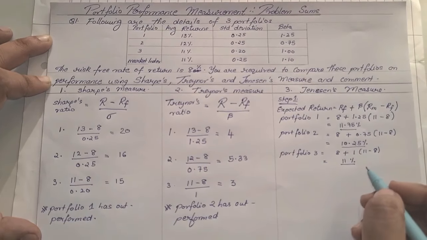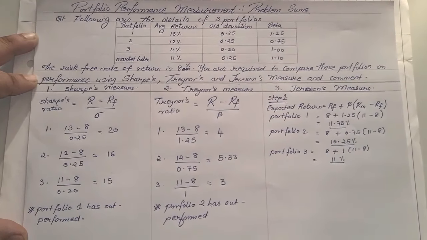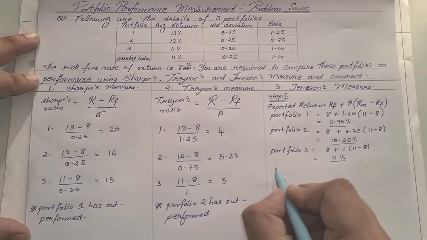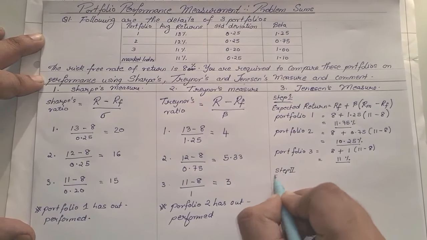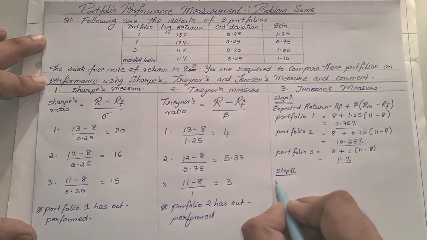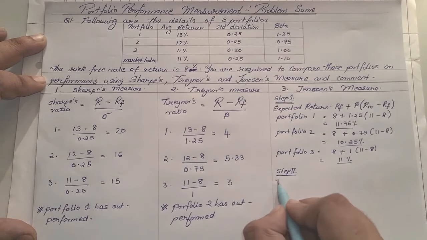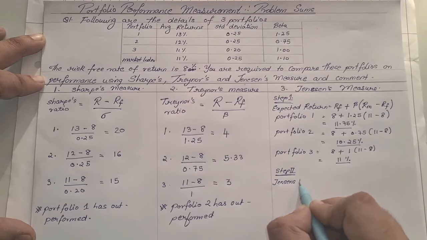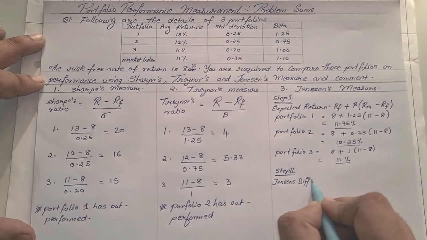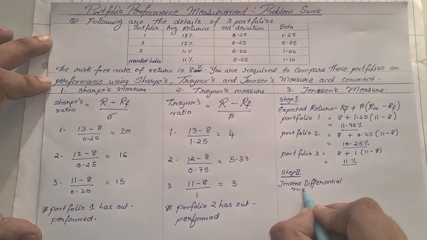Now we jump to the second step. So I'll write here step 2. We'll now note down the actual Jensen's formula. So we write here Jensen's differential measure.